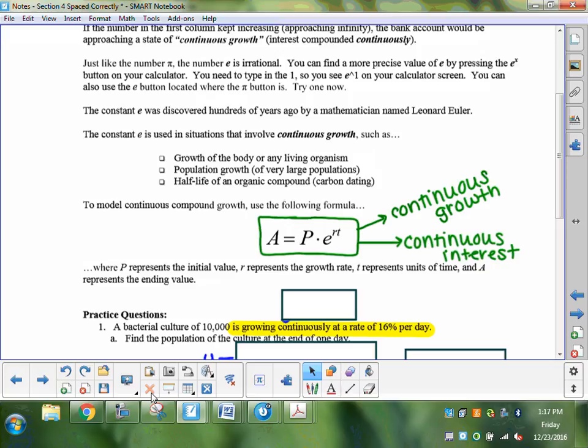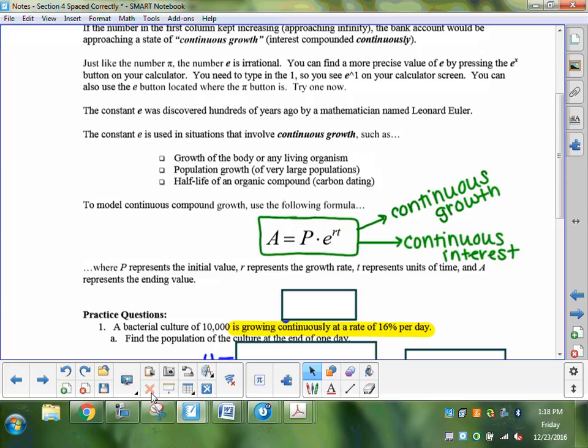Now, it's just taking the P as the principal or initial value times e raised to the rate times time power. Looking at these questions, a bacteria is growing continuously at a rate of.